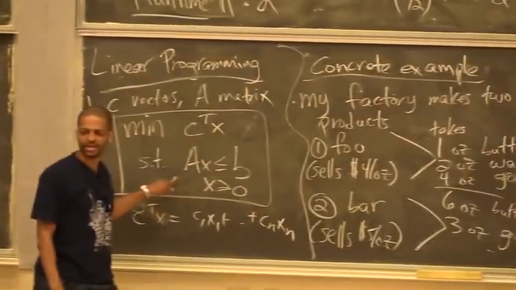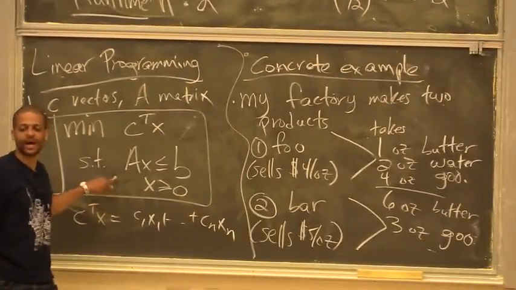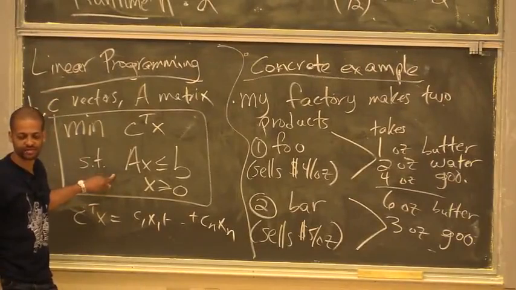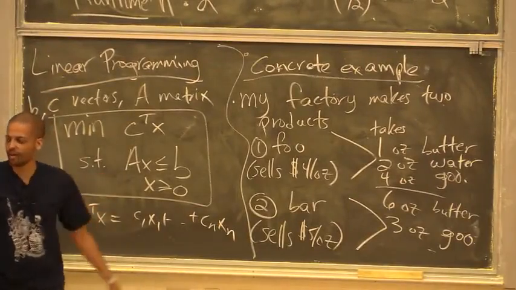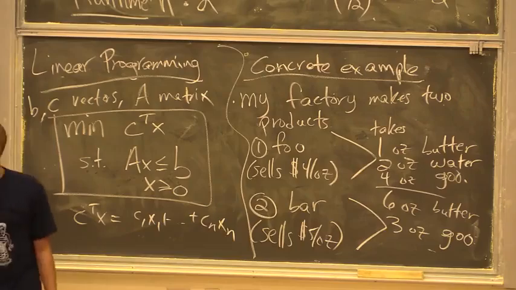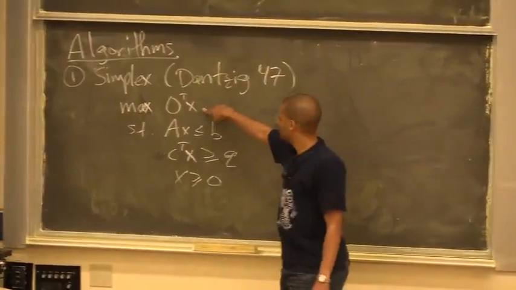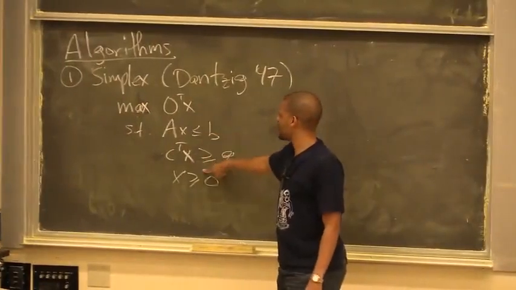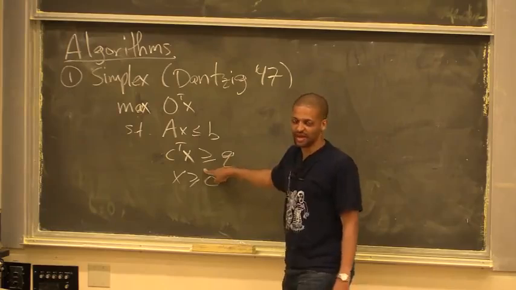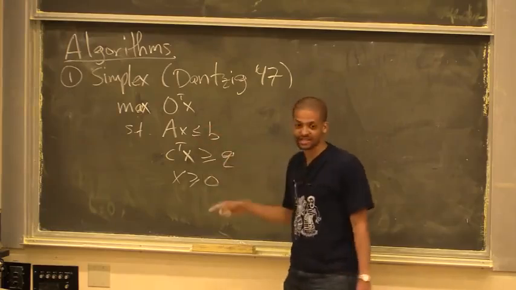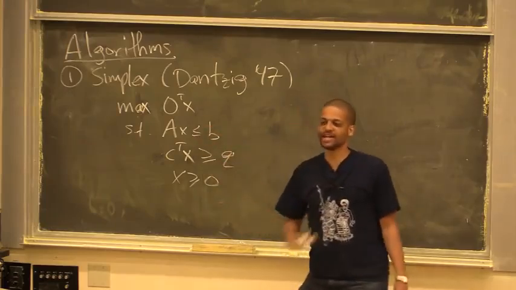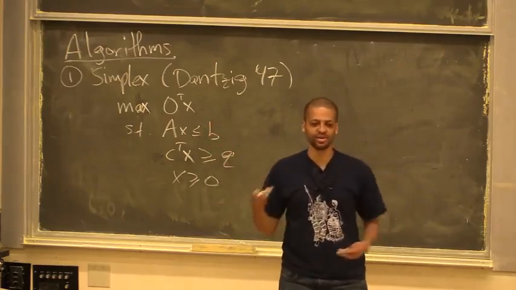If this were my original linear program, I could ask, what is the optimal value I can achieve? I don't know, let me find it via binary search. And if I want to say, can I achieve q? I can just write this down: max 0, subject to Ax is at most b, and c transpose x is at least q. If I could find a valid solution for this, it would tell me that yes, you can achieve q, and then I can do my binary search.